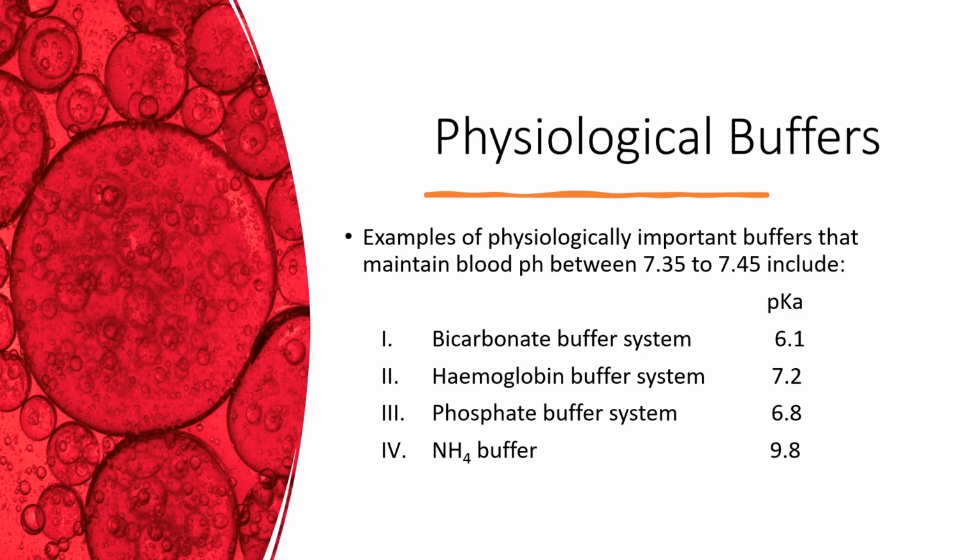Although the hemoglobin buffer system has a pKa very close to the pH of the blood, it does not have the ubiquity of the bicarbonate buffer system, which, though it has a lower pKa, is present in a very large amount, in a very high concentration, and is well circulated into almost every part of the body.